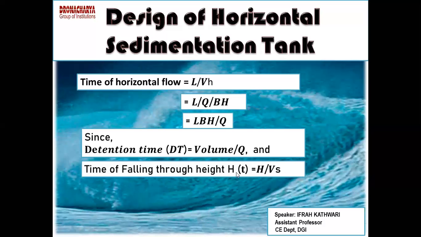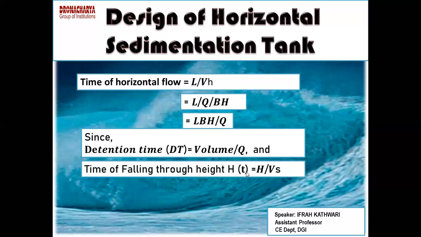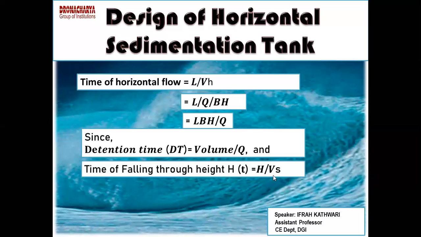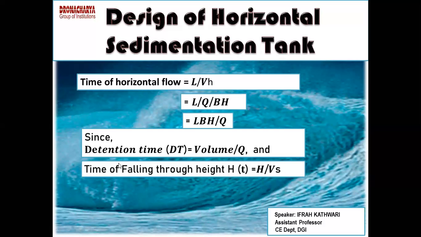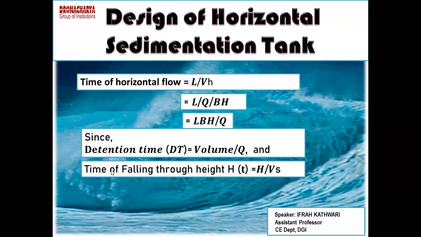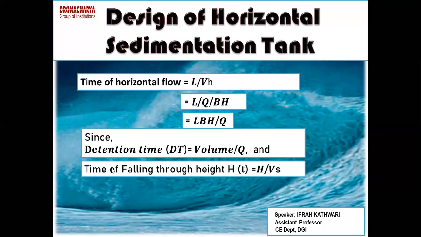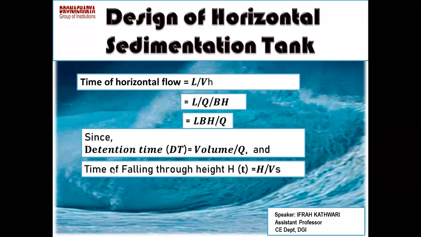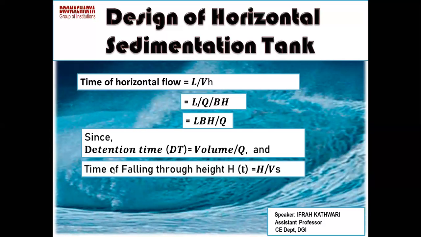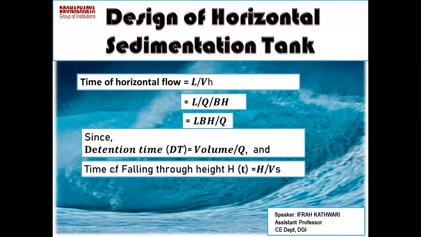That time is denoted by small t, and it is given by the total height h upon Vs. Vs is the settling velocity, as I have already shown you in the previous slide, the velocity with which the water suspended particles settle down at the bottom.